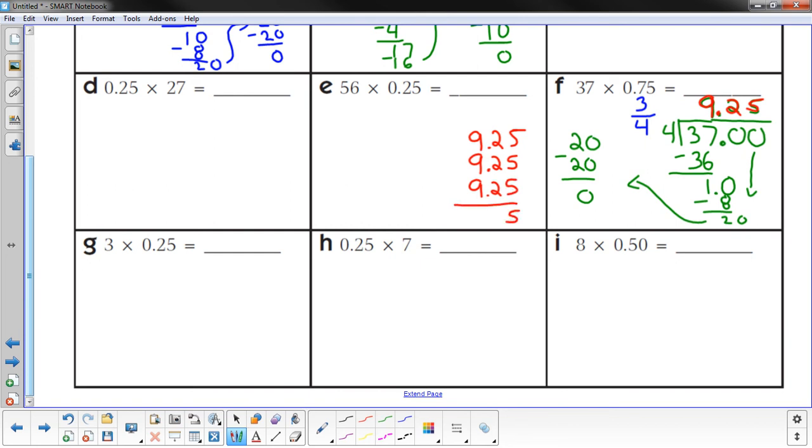Let's see, 15, 7, and 27/75 is my answer. That one had a few steps in it. I'm going to have you guys do the rest. That's probably the hardest one right there, actually.